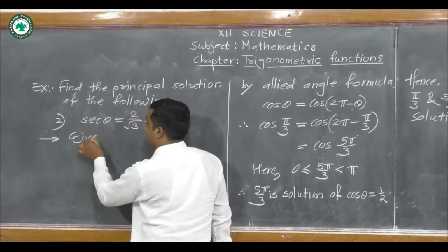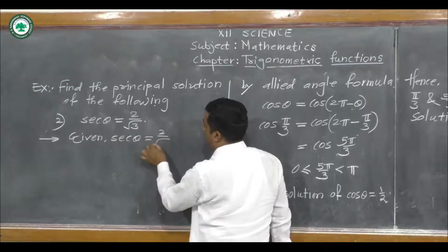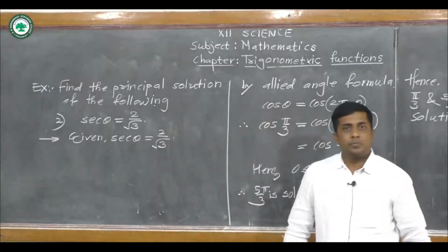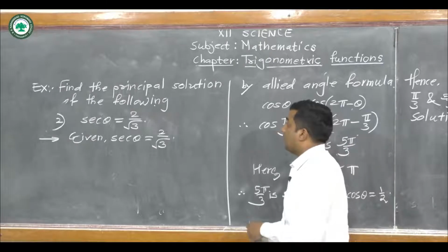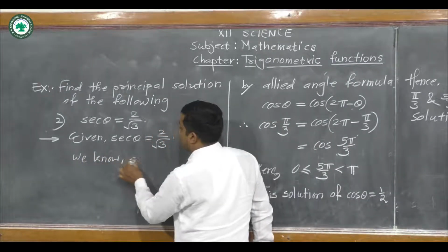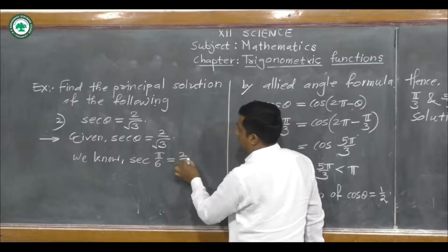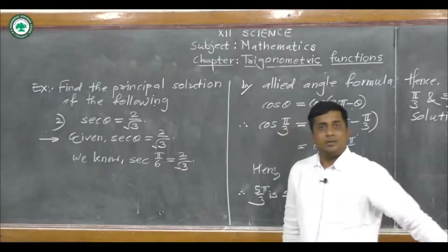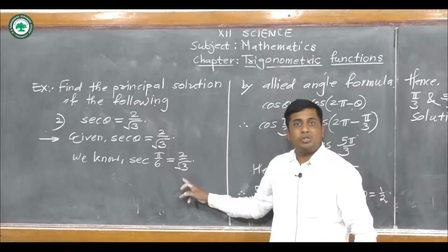Here given sec theta is equal to 2 upon root 3. Then we know sec of pi by 6 is equal to 2 upon root 3, that is, sec 30 degrees is 2 upon root 3.